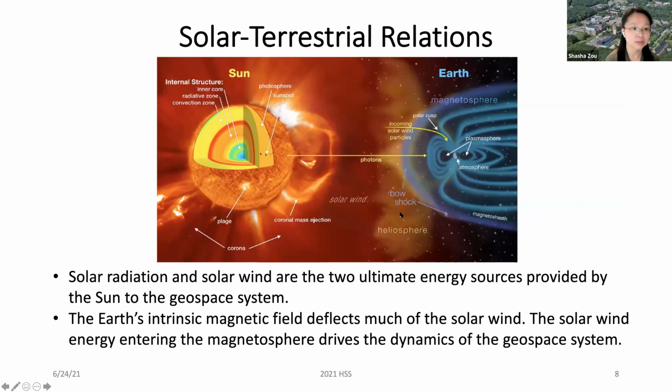So this is another plot just trying to show you the importance of those two energy sources. The solar radiation, the photons, can directly penetrate to low altitude. But if we want to consider the solar wind, those are charged plasmas sent out from the sun. We need to consider how the solar wind interacts with the Earth's magnetic field, the bubble here, right?